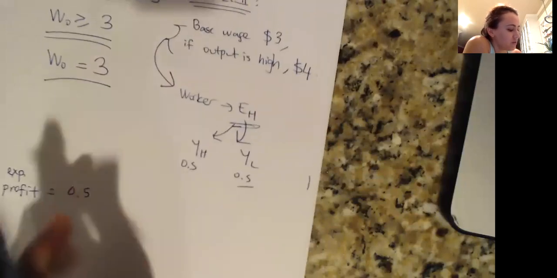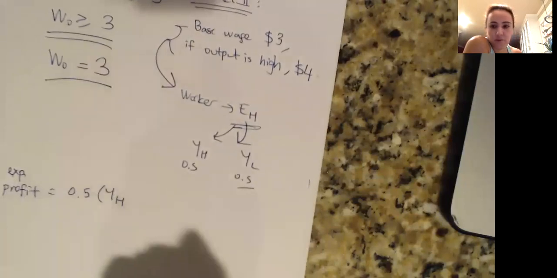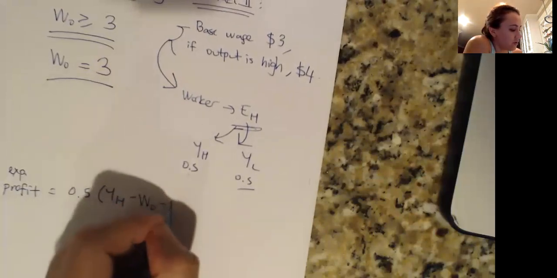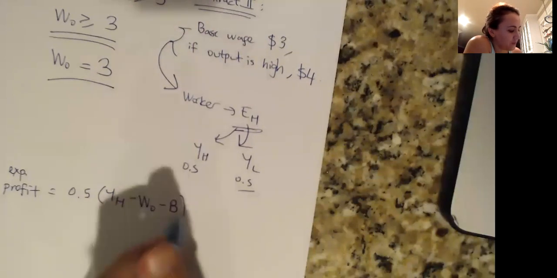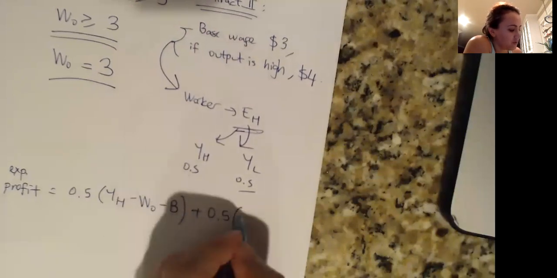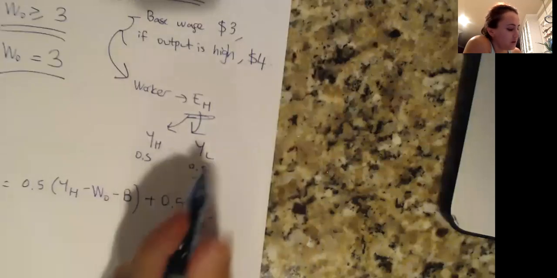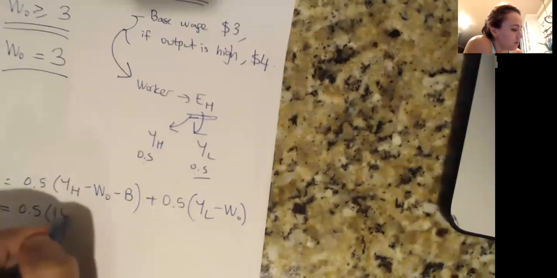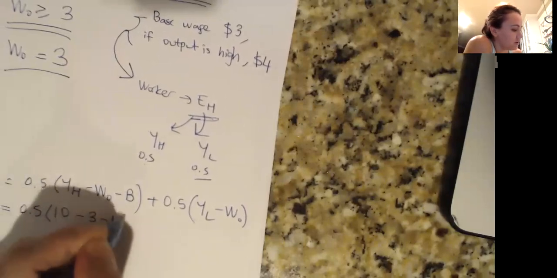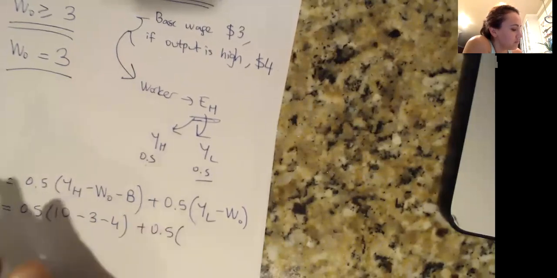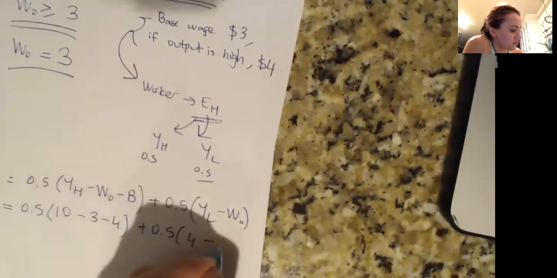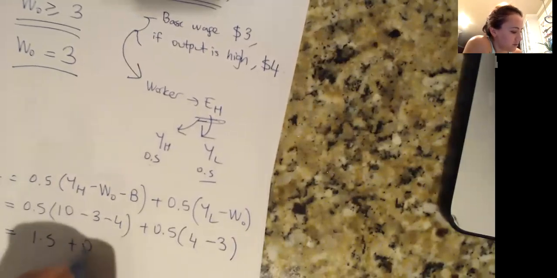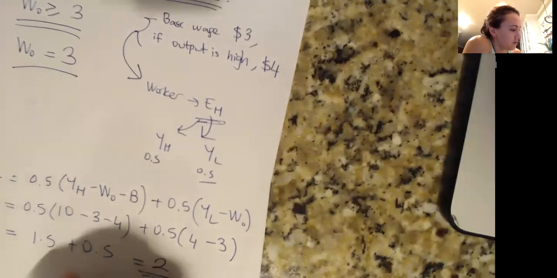So with 50% probability, you will have YH, but you pay W0 and B. And with a probability of 50%, your output is going to be YL, and in this case, you will only pay W0. So if you plug all the numbers in here, you get 1.5 plus 0.5 equals 2.